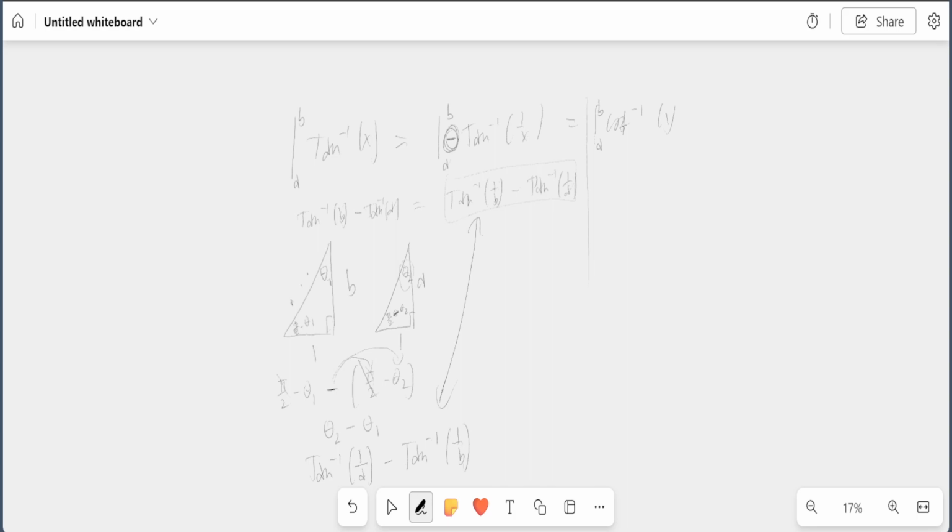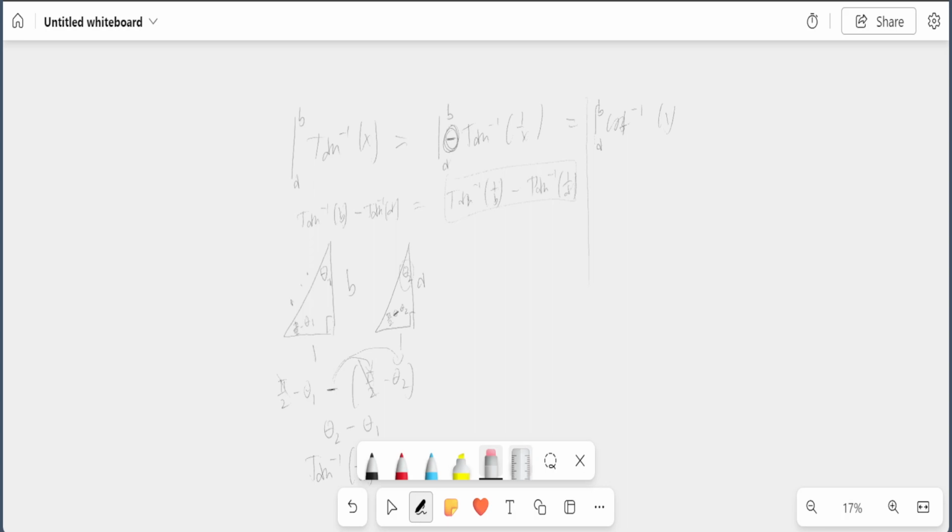Yeah, I guess that's, tangent inverse b, I call that theta 1. I guess you can do kind of the reverse as well. Should I bother doing it that way? Do you guys want to see another one? It's very similar, just slightly different. I'll go ahead and show it.